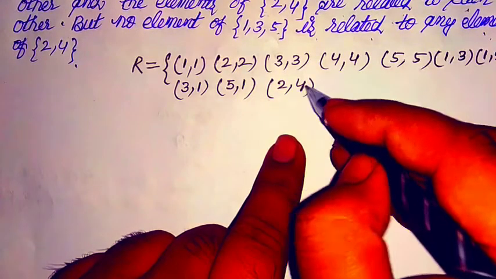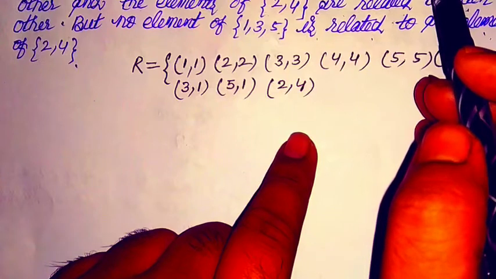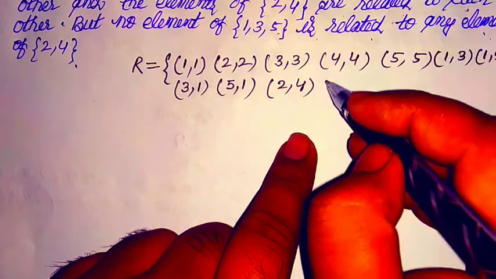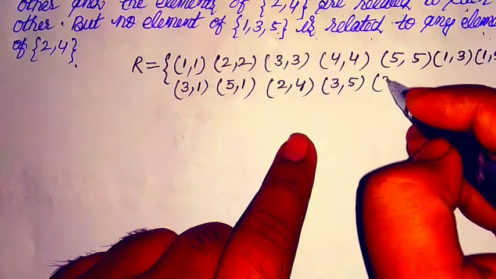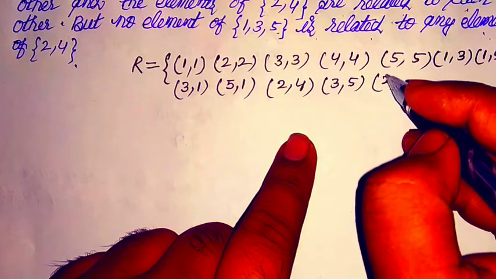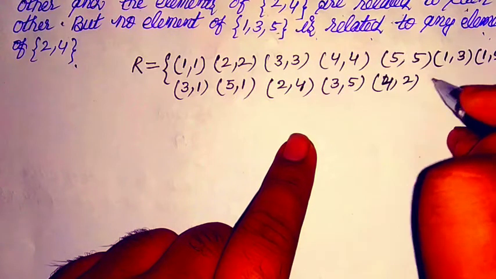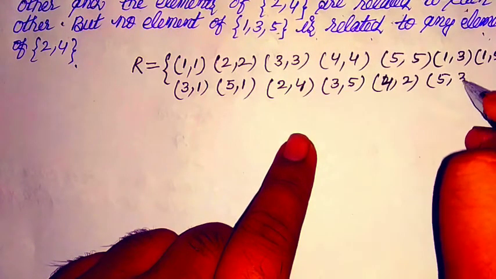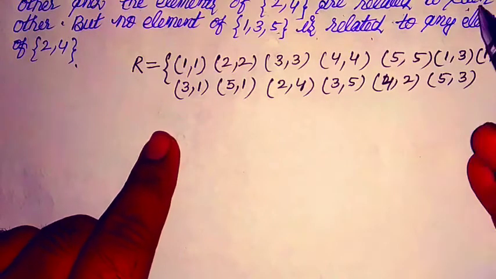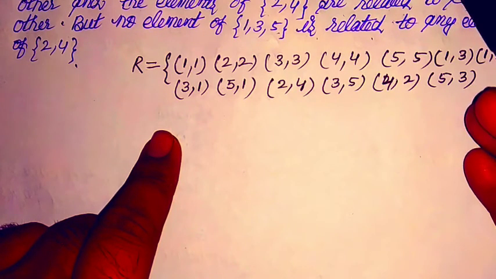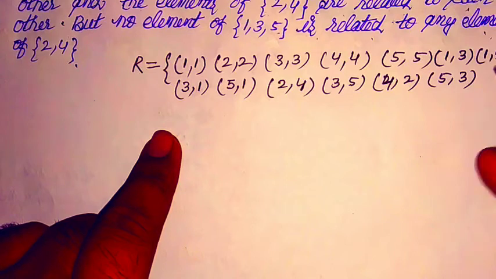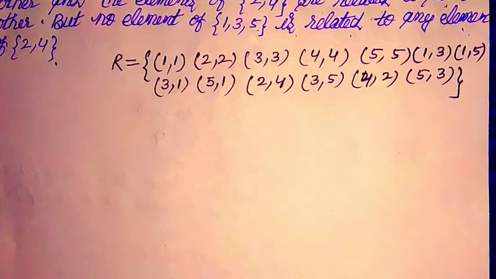Now (3, 3) we already took, and (2, 2) also. Now (3, 5) with reciprocal inverse, (4, 2), (5, 3). Now (4, 4), (5, 5), (4, 2), (3, 5), (5, 4). This is the roster form here.